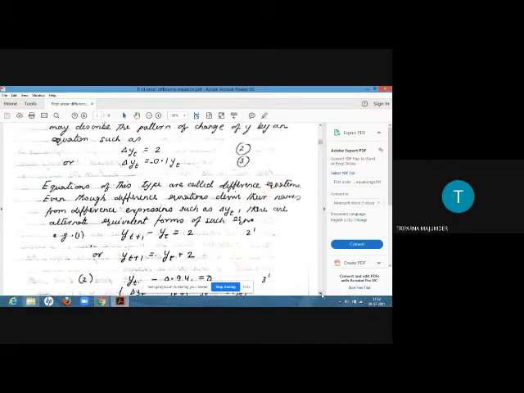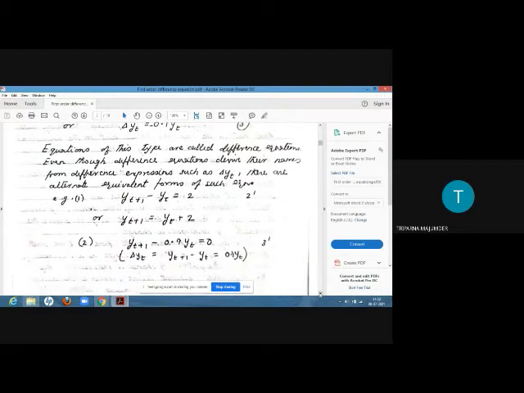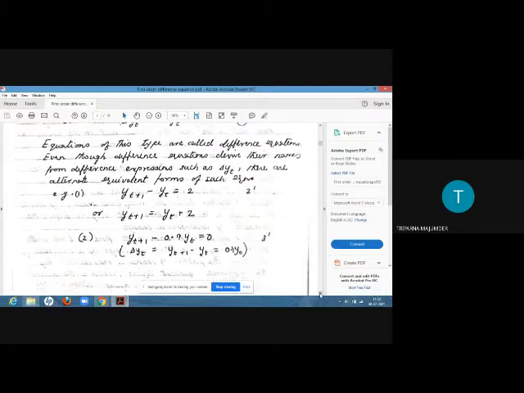Now coming to the next equation, that is 3, this can be written in a number of ways, that is yt plus 1 minus 0.9 yt is equal to 0, or delta yt is equal to yt plus 1 minus yt is equal to minus 0.1 yt. Now, if we take this 0.1 yt here, we will get this equation.